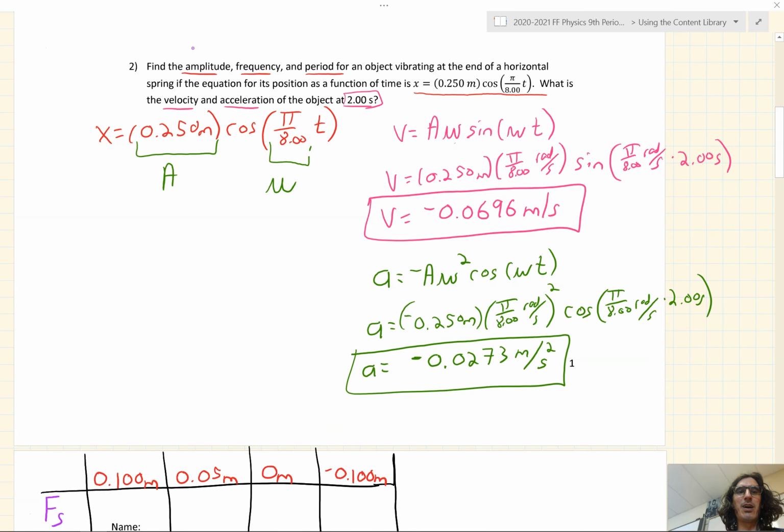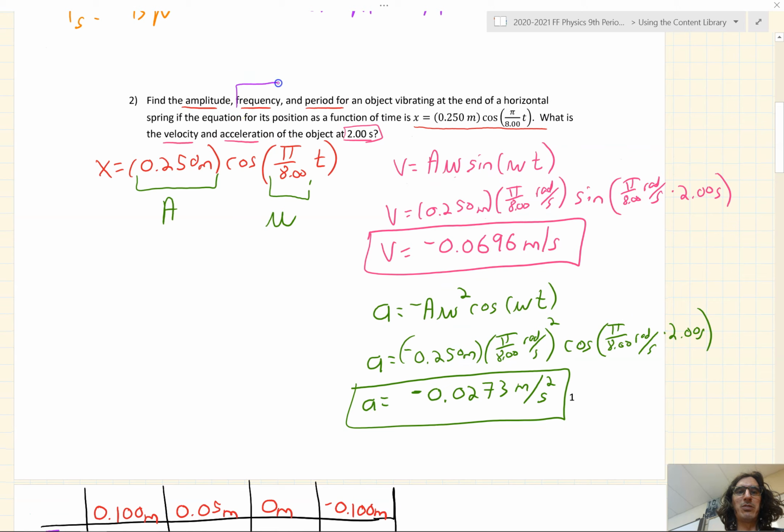All right, let's look back at the frequency and the period. So to get the frequency, we know that omega is equal to 2 pi f. Let's solve for f. F equals omega over 2 pi.